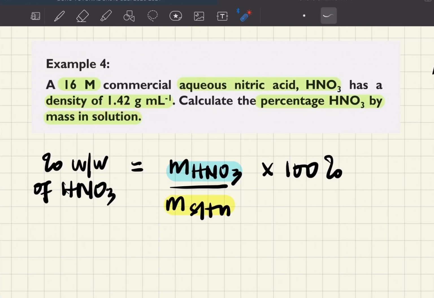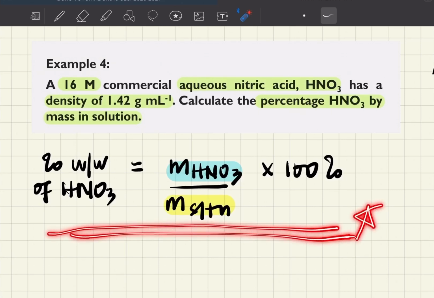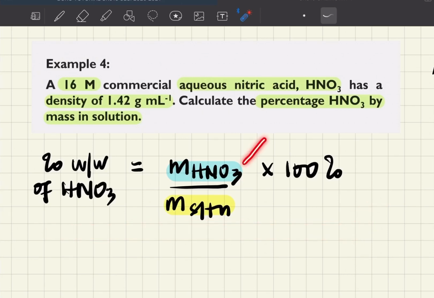Okay, so percentage by mass in solution, the formula is like this. That means you need to find the mass of HNO3 and mass of solution. So if dia berikan molarity, adakah kita akan mengassume juga?